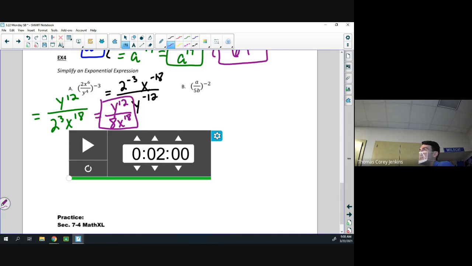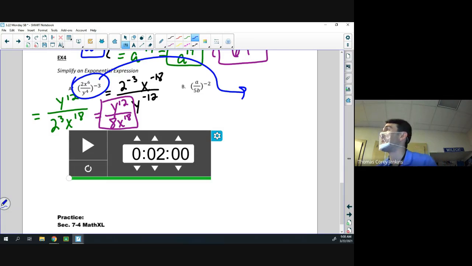Now, I think they show that a different way in the book. What they do in the book is this, so this may make more sense. I don't know if I'd write this down because it's going to be pretty cluttered. They say, go ahead and flip everything first and then take it to the positive 3.